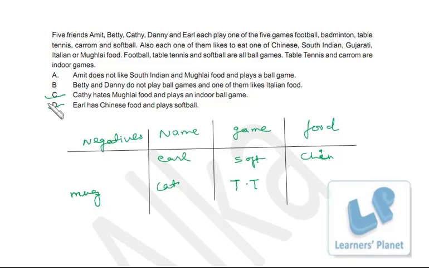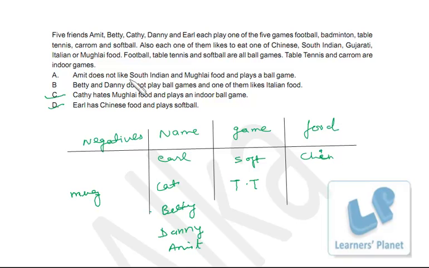So this is done. Betty and Denny do not play ball games and one of them likes Italian food. Okay, so I just write the name of both the persons, Betty and Denny. Apart from that I have Amit also, so I just write the information about Amit.